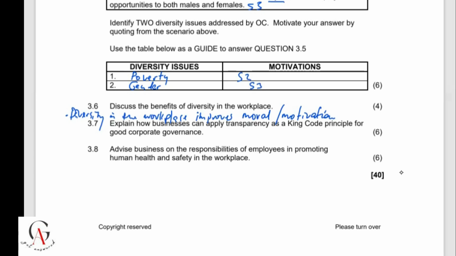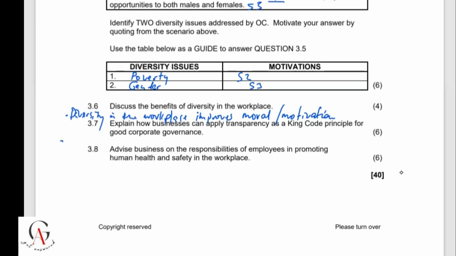Also business deals should be conducted openly so that there's no hint or sign of dishonesty or corruption. The board of directors must report on both the negative and positive impact of the business on community or environment. Also, the board should ensure that the company's ethics are effectively implemented. Okay, right.